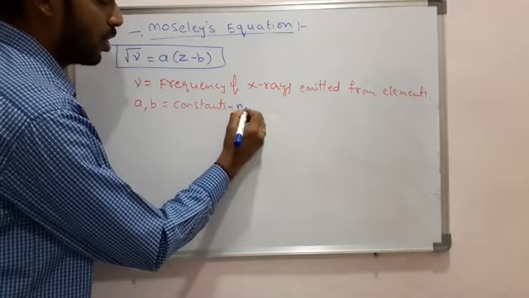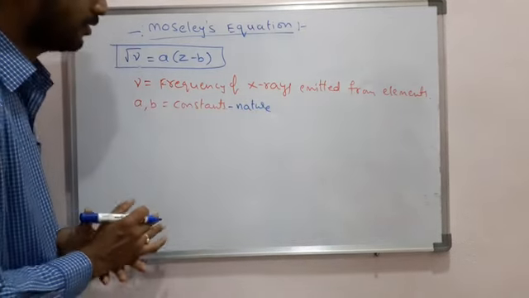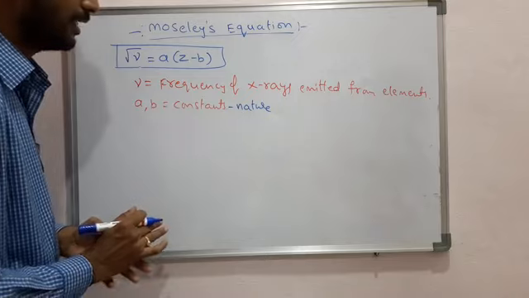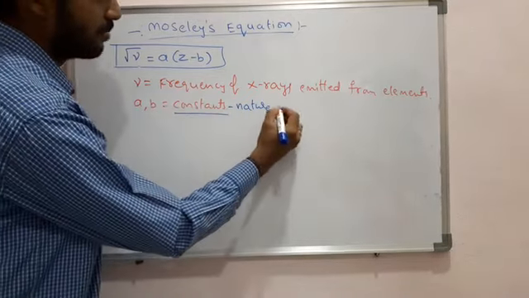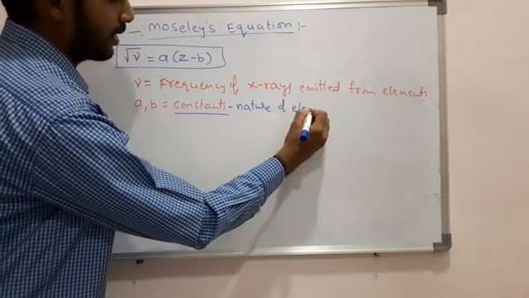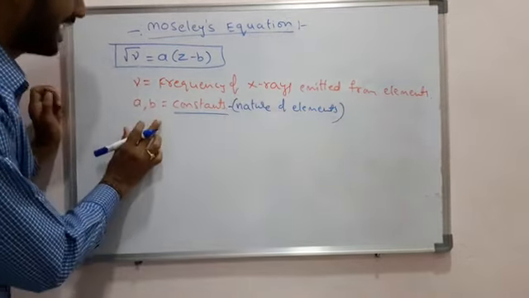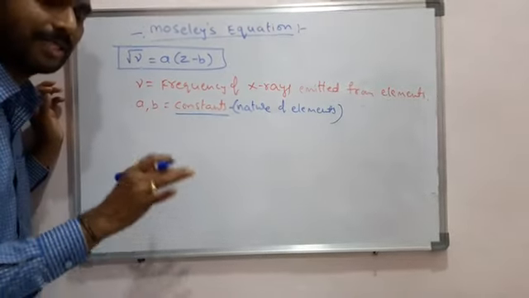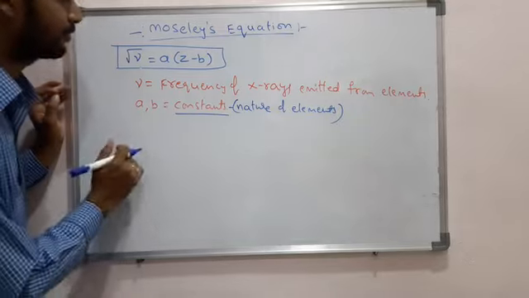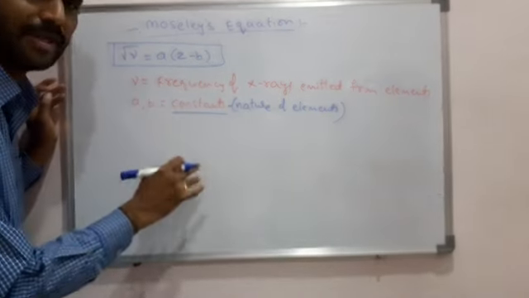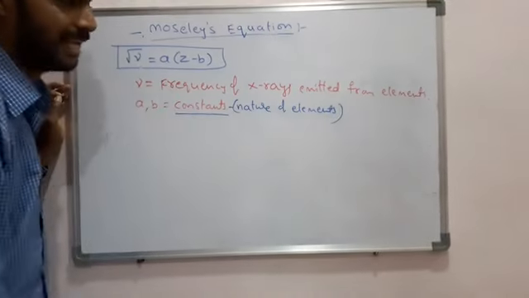Their values are not the same for all elements; they are constant for each and every element separately. Their values differ from one element to another, depending on the nature of that element.